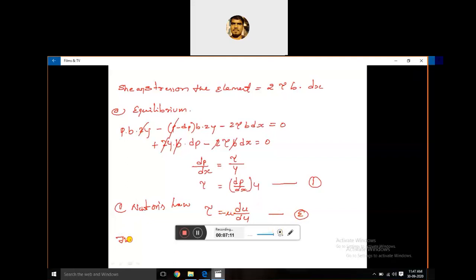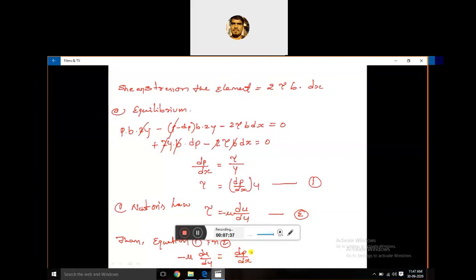Now substitute equation 2 in equation 1. We get one more equation. So minus mu du by dy is equal to dP by dx into y.